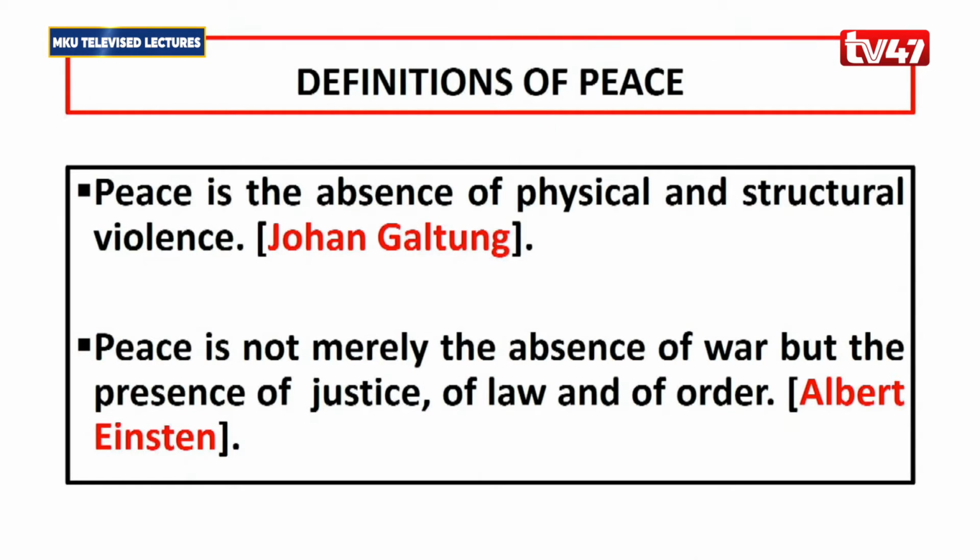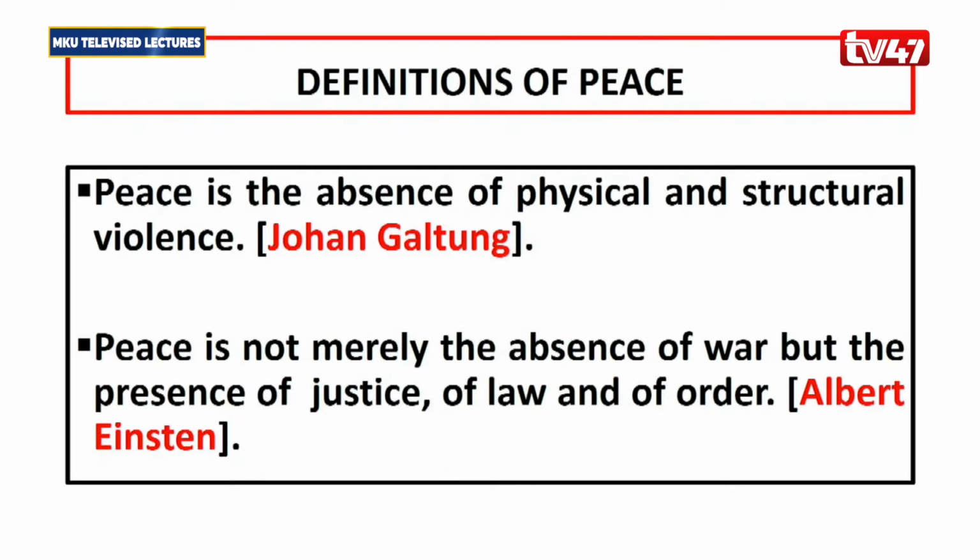According to Johan Galtung, peace is the absence of physical and structural violence. And the emphasis is on the structural, because sometimes we try to think that so long as there is no physical violence, then we are at peace. But he insists that the structural violence also has to be addressed.